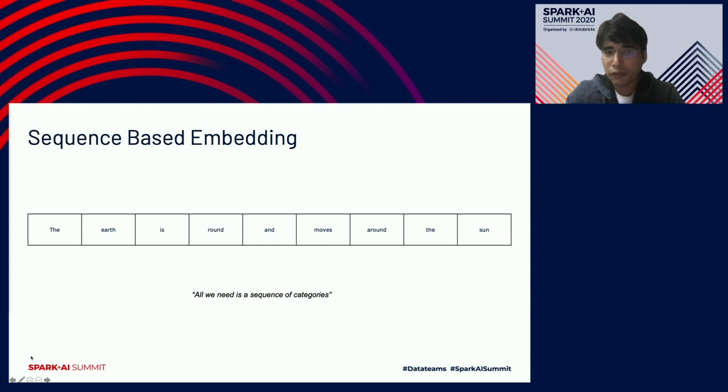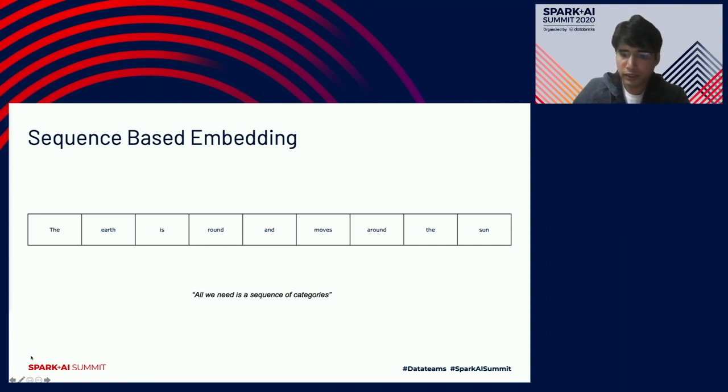Let's say if you're trying to do sentiment analysis, and if you want to find out if this sentence indicates a positive review or negative review, that is not the goal here. When we don't use labels, all we need is a sequence of words or categories, and using these we will learn embeddings. And how we learn these embeddings? Depending on the context in which the words are appearing.